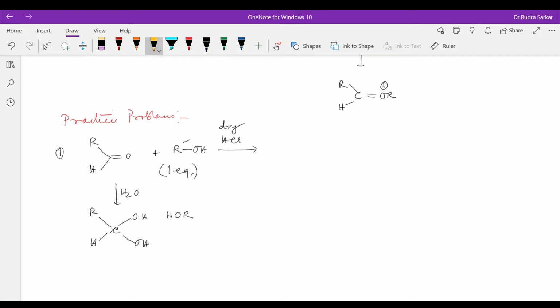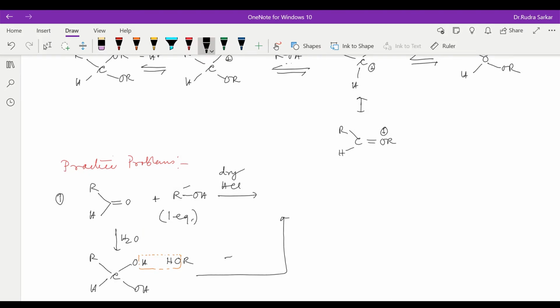How do we take out water? Just see, make a box like this, okay, and that gives you a product. No need to do that long mechanism that you were doing previously.